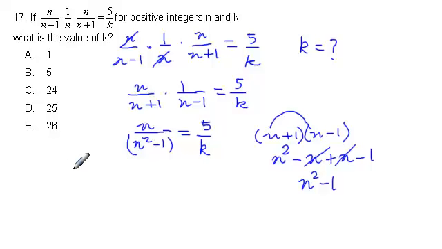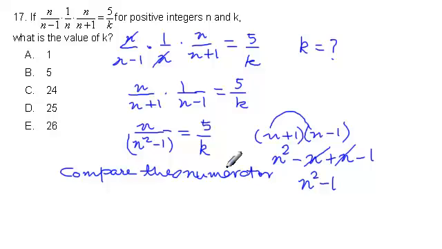So when I compare the numerator, then we get n equals 5.